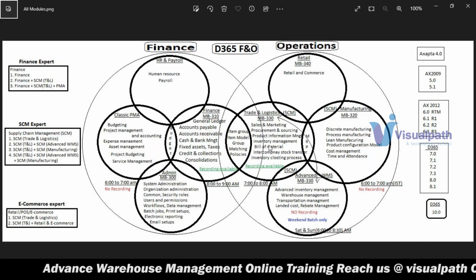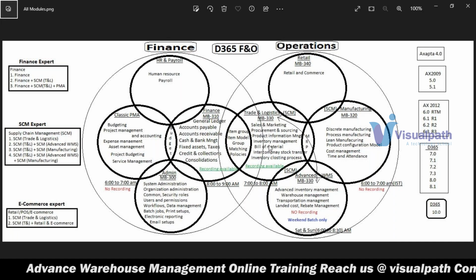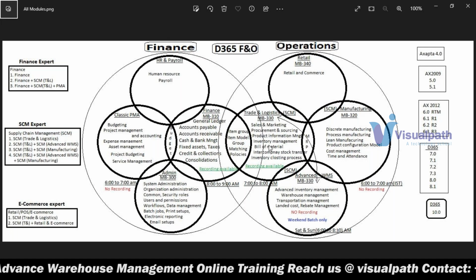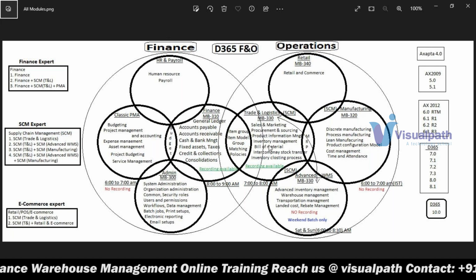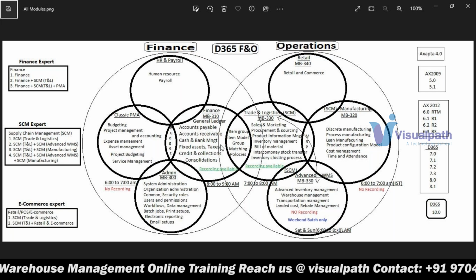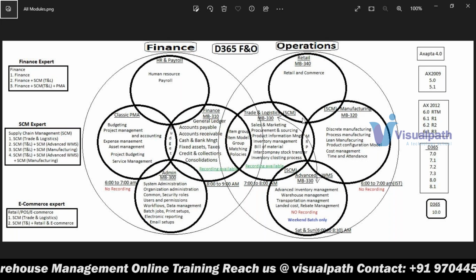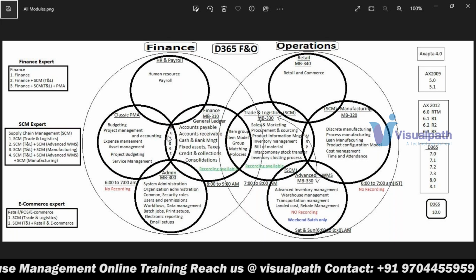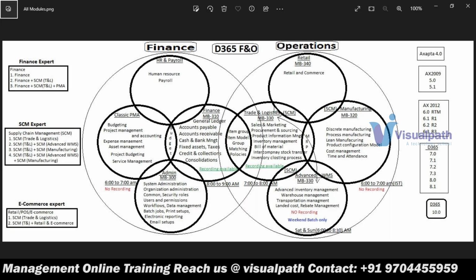If you are a working employee and can only find 1 or 2 hours, then you can learn either finance or trade and logistics first, as per your comfort. There are always more opportunities for finance compared with logistics.